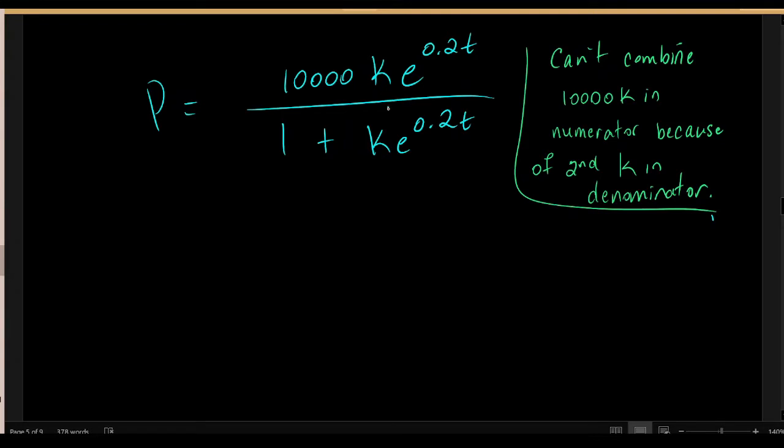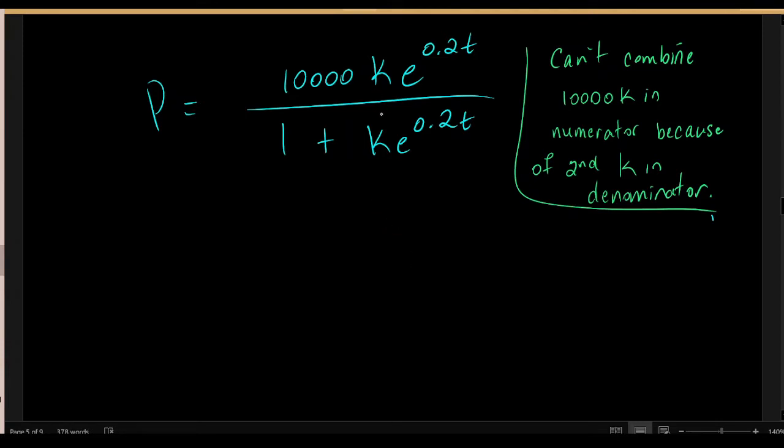Because there are two k's in this expression, one which is multiplied by 10,000, but the other which is not multiplied by 10,000, I can't wrap 10,000k into a new arbitrary coefficient because it's going to create a discrepancy between the k in the numerator and the k in the denominator, and that's not allowed.